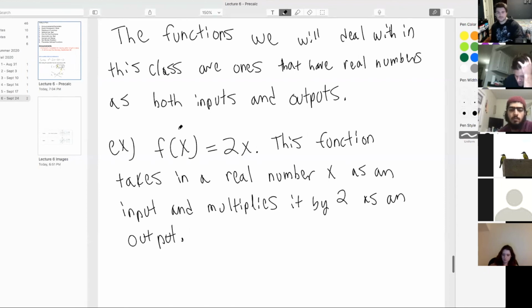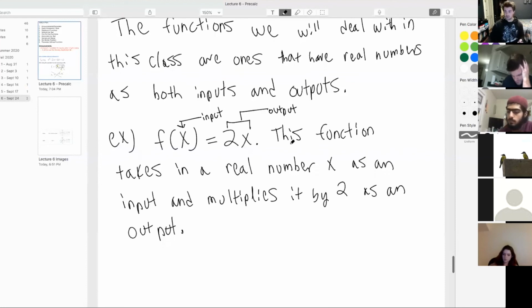That x there is the input, and the 2x is the output.